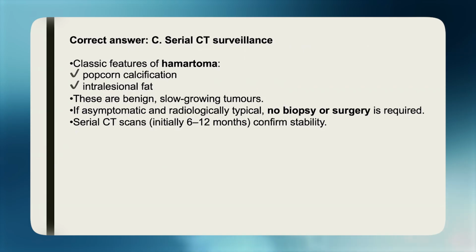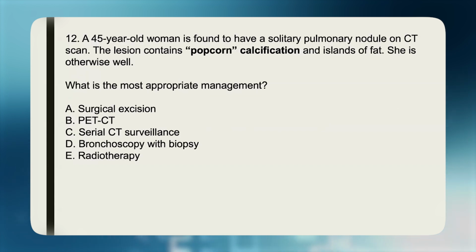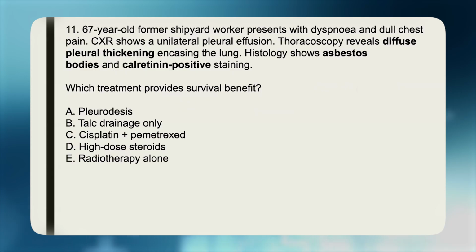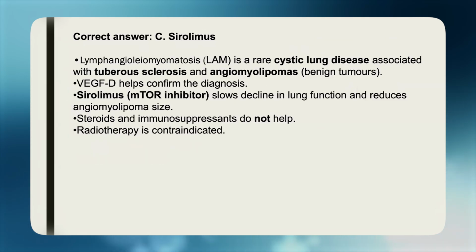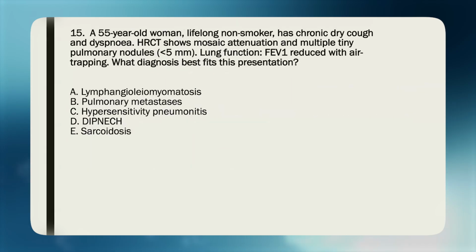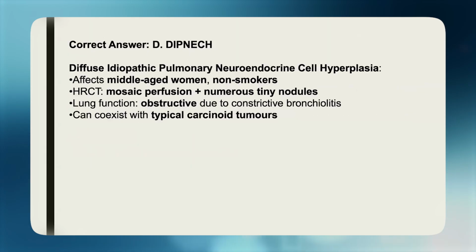Hamartoma shows popcorn calcification with intralesional fat; nothing to be done unless causing symptoms, just follow up. So these are different kinds of tumors that can present. So you have to remember.